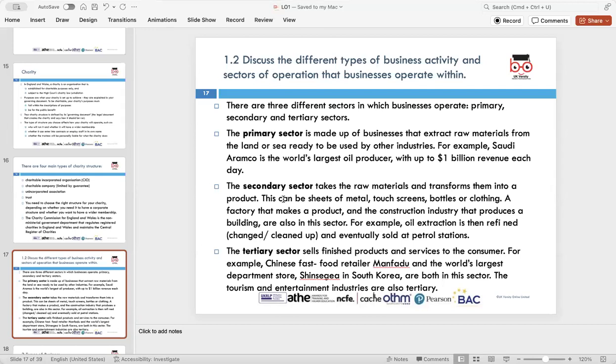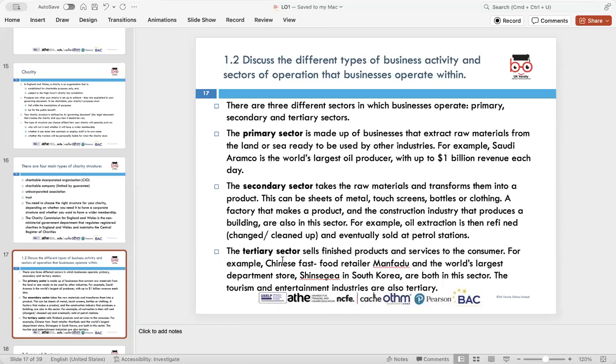The construction industry, which is responsible for the production of buildings, and a factory that manufactures a product are both included in this category. An example of this would be the process of refining, which involves changing or cleaning up oil extractions before it is eventually sold at petrol stations.